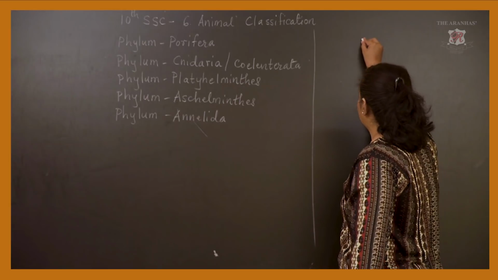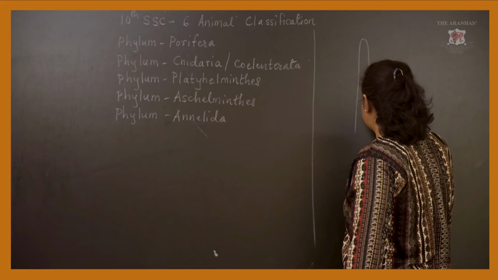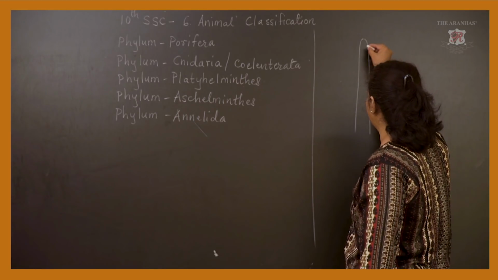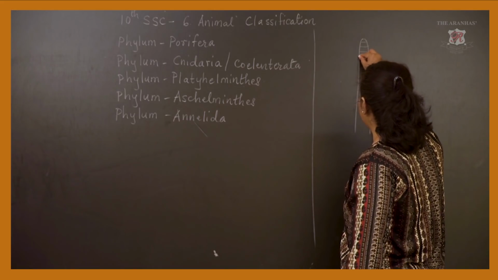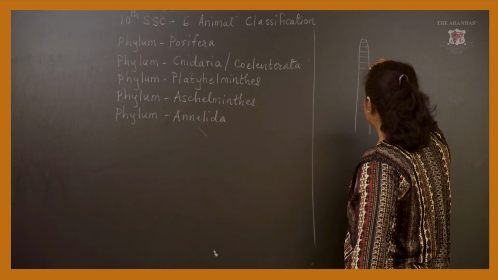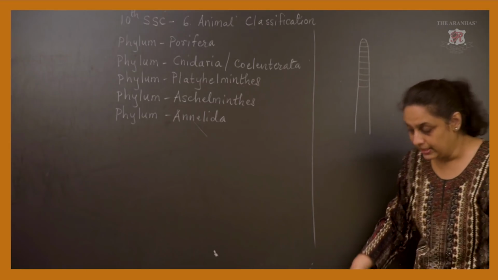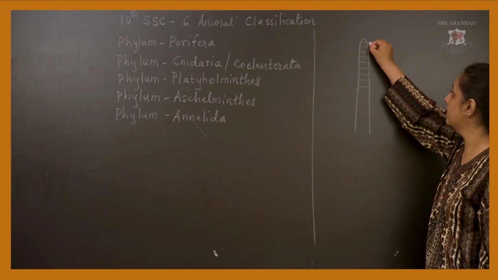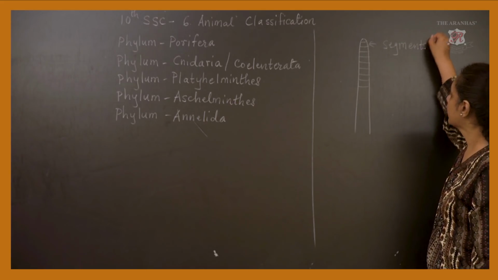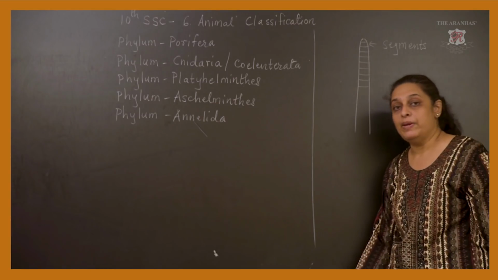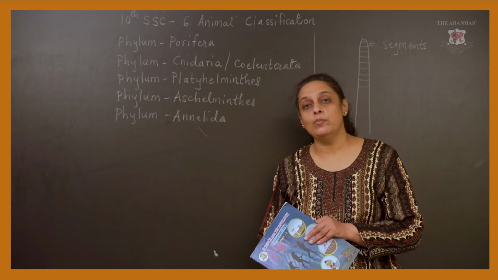Now, in earthworm or in these members, I am drawing some part of earthworm. If you observe closely, you will find that earthworm's body has such horizontal lines on it. And students, these lines are called segments. And that is why it is said that members of phylum Annelida possess a segmented body.